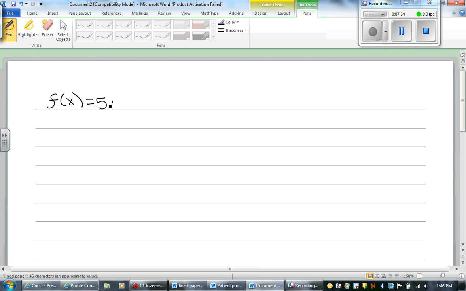f of x is 5x plus 8, and we want to show that these are inverses by using the composition. So f inverse of x is x minus 8 over 5. We're going to do f inverse of f of x. So f of x is going to go into f inverse.